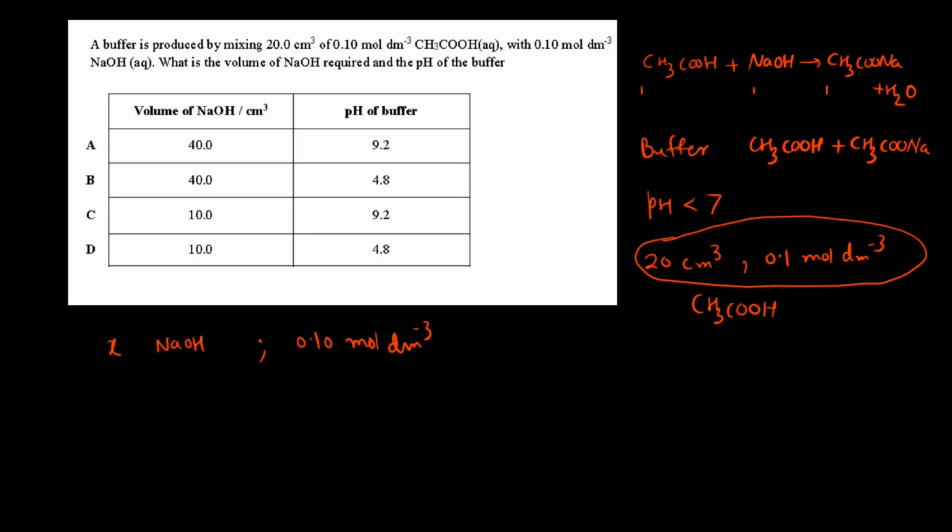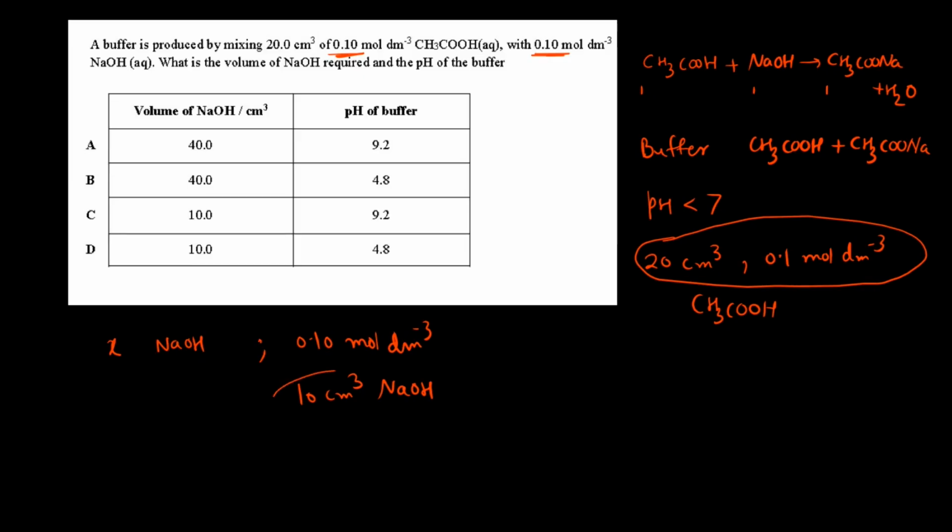So we need to have equal amounts of acetic acid and sodium acetate in the solution. Since the concentrations of sodium hydroxide and acetic acid given to us are the same, 0.1 and 0.1, in order to convert half of the acetic acid to sodium acetate, we would require only 10 cm cube of sodium hydroxide, so that half of the acetic acid will convert into sodium acetate and half is left.